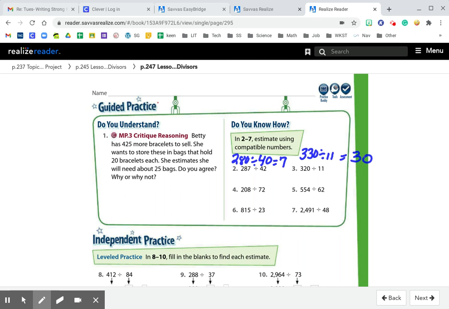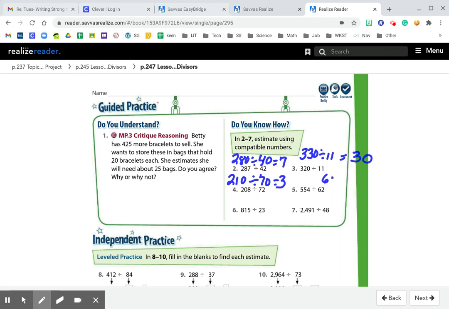So if you can keep one number alone, without changing it, try to do that. And some of these you can't. For number 4, 72, probably bring that down to 70. And 208, I'm looking for multiples of 7. And again, you can look at your math facts, your multiplication table. 7 goes into 21 3 times. 70 times 3 is 210.